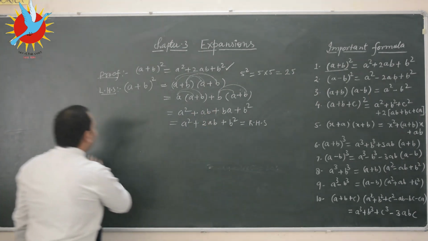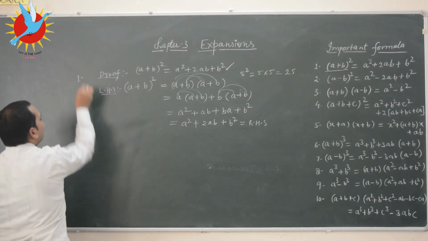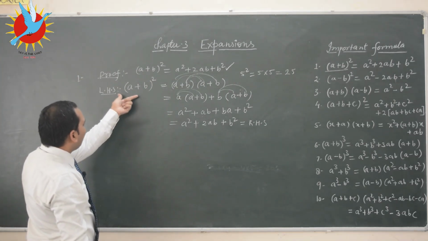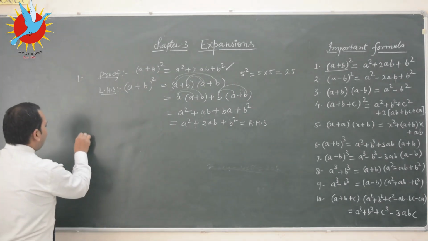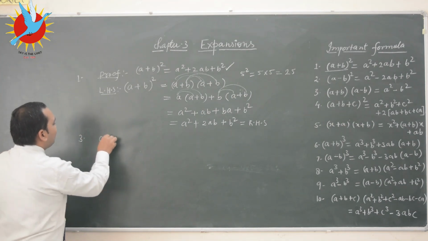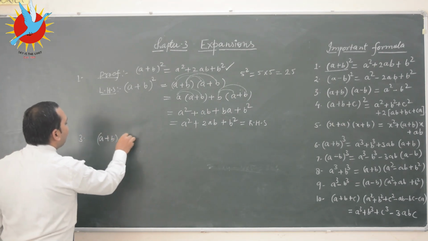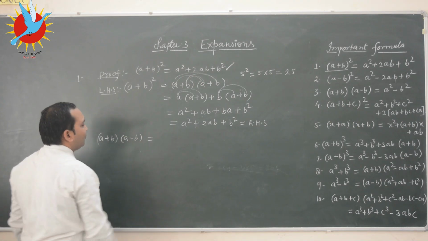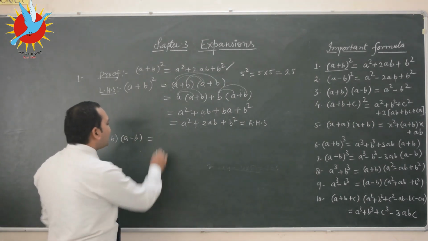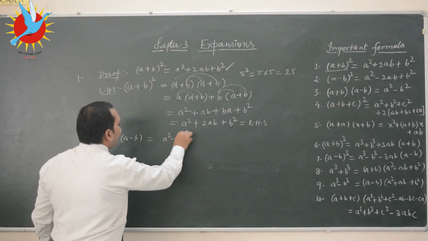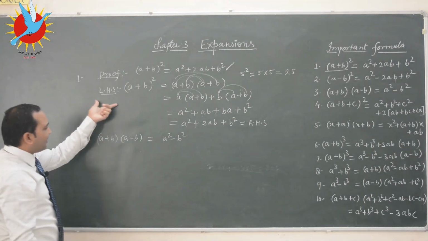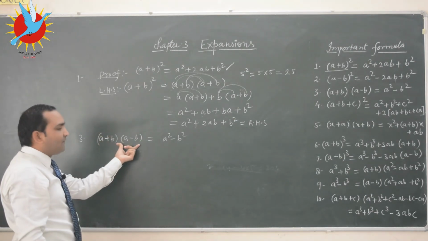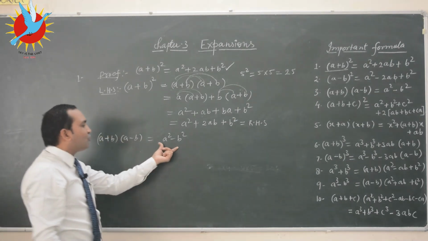Third proof: this is the first proof, the second is the same as the first, and the third proof is (a + b) into (a - b), which is equal to a square minus b square.